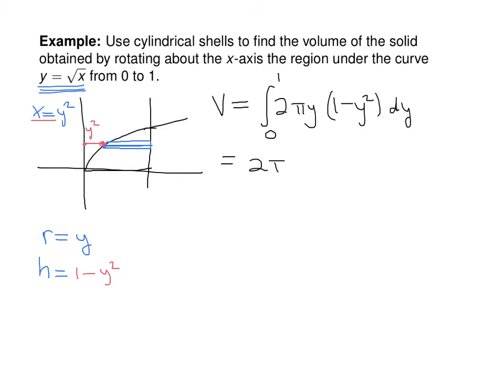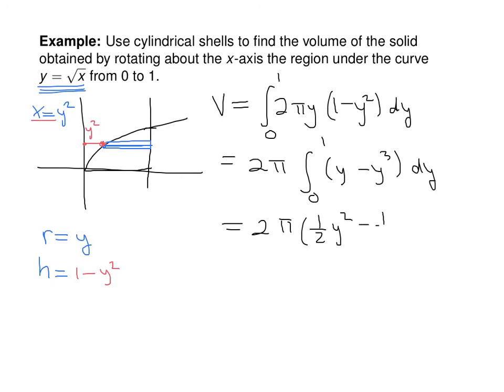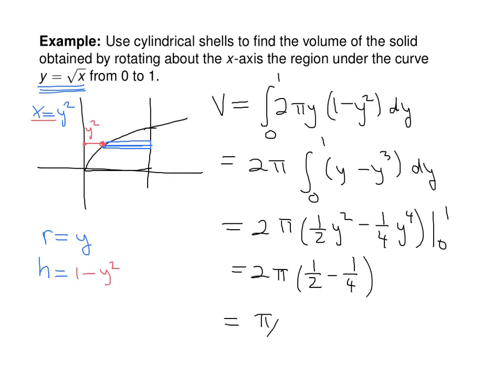That will be 2 pi times the integral from 0 to 1, y minus y cubed, dy, or 2 pi times 1/2 y squared minus 1/4 y to the fourth, evaluated from 0 to 1. So 2 pi times 1/2 minus 1/4, which will give you in the end pi over 2.